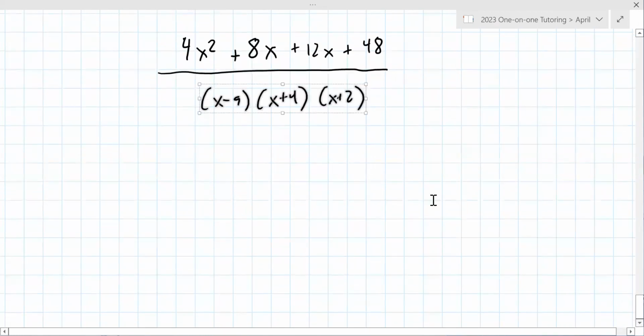What can we combine in the top? 8x and 12x. Yeah, so 4x squared plus 20x plus 48.